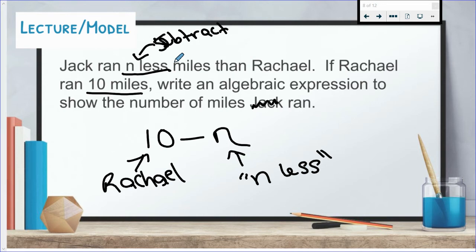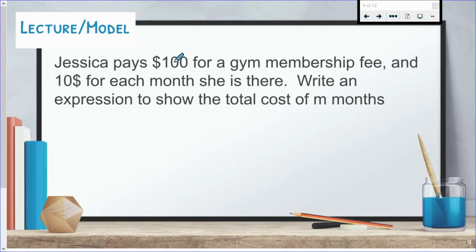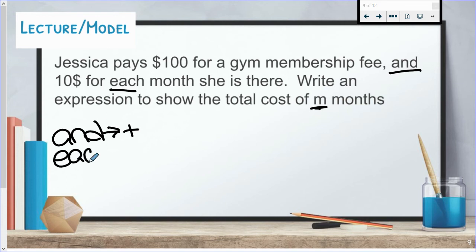All right, let's keep going. Jessica pays $100 for a gym membership fee plus $10 for each month she is there. Write an expression to show the total cost of M months. Again, we have two separate things going on. The word and means to add something, and each always means multiply.